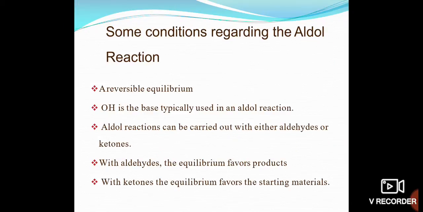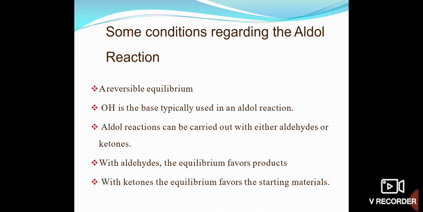Some conditions regarding the aldol reaction. It is a reversible equilibrium. OH minus is the base typically used in an aldol reaction. In the aldol reaction, OH minus is used, that is coming from the base. The aldol reaction can be carried out with either aldehydes or ketones.